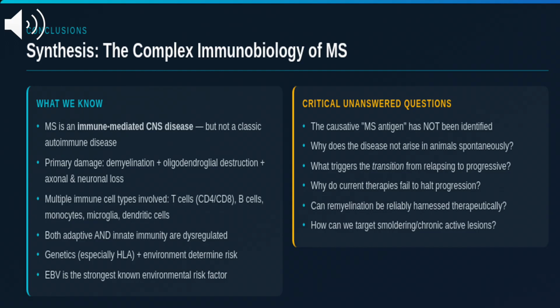New therapeutic strategies must target smoldering microglia, meningeal inflammation, remyelination failure, and neurodegeneration simultaneously, not just prevent relapses. The field is moving in this direction. BTK inhibitors, anti-CD20 therapies with better CNS penetration, remyelination promoters, and neuroprotective agents are all under active investigation. The mechanistic understanding we've built in this lecture provides the biological rationale for each of these approaches.